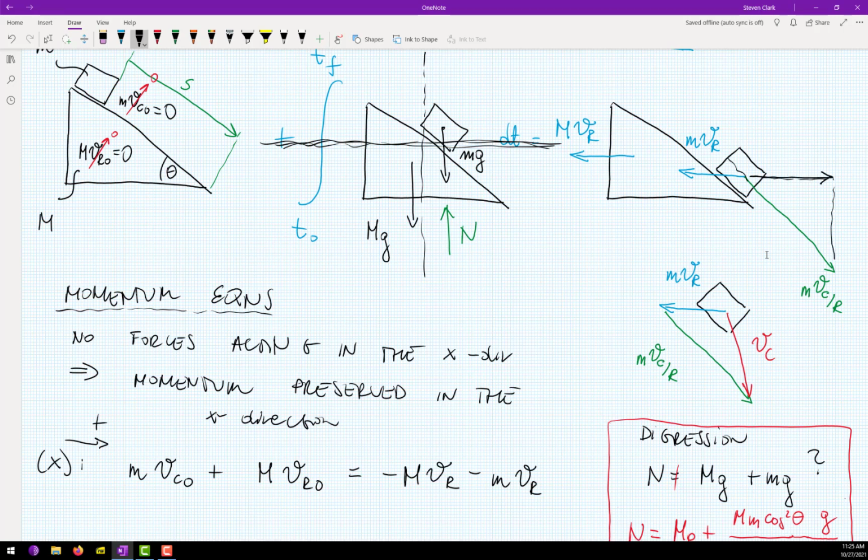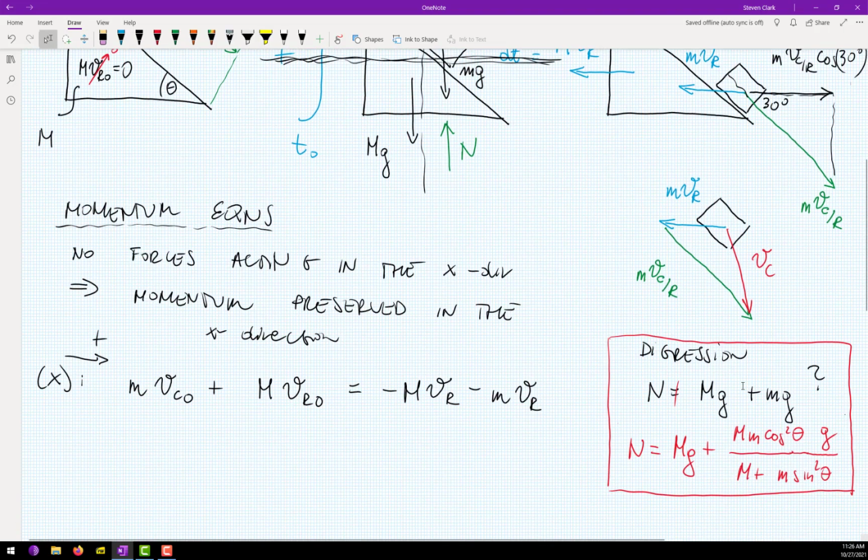So I think that 30 degrees is here, so this component will be m V_CR cosine 30 degrees. Even though I have a mistake in my notes, this is true.